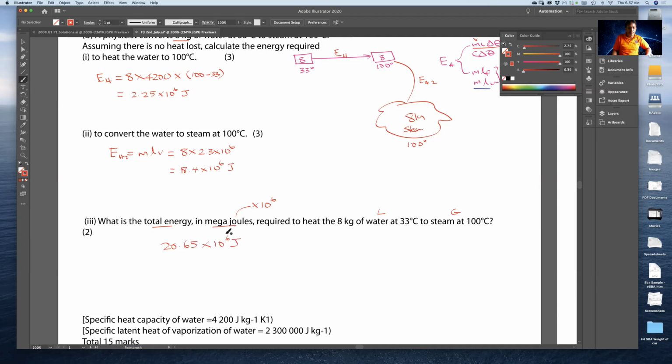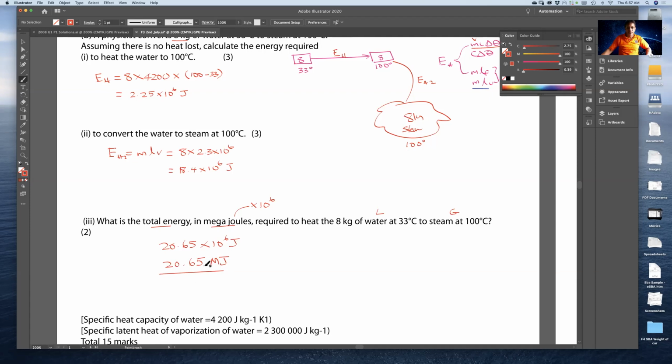Remember, they want the answer in megajoule, so it's 20.65 megajoule. That's your answer here. So that question is done.